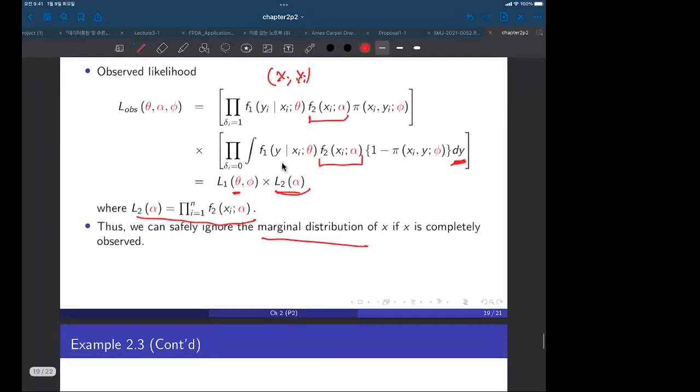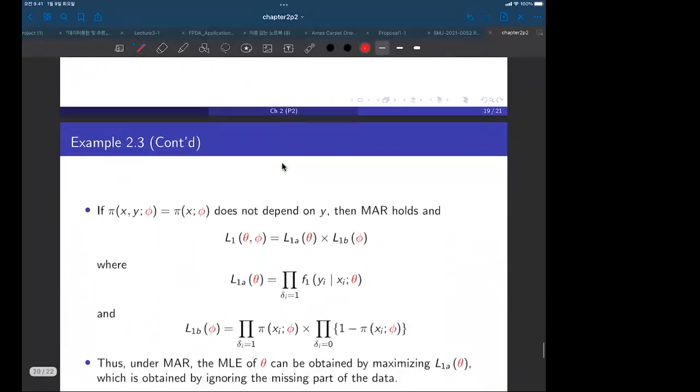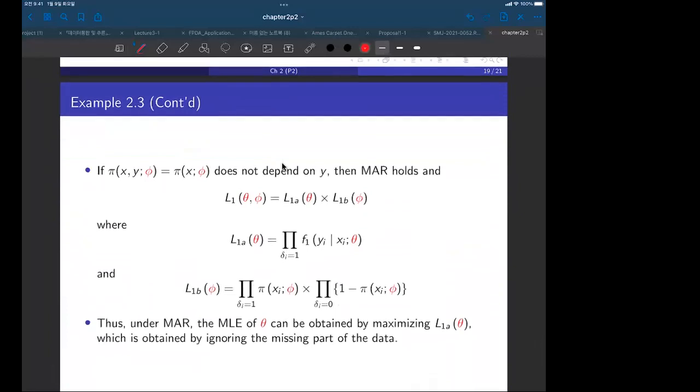Which is nice, and now you can go further. This is the interesting part.